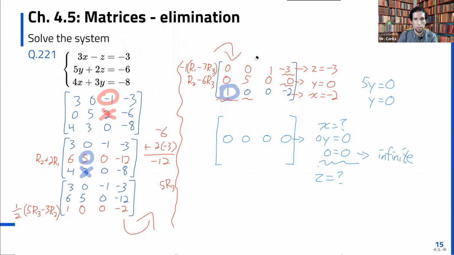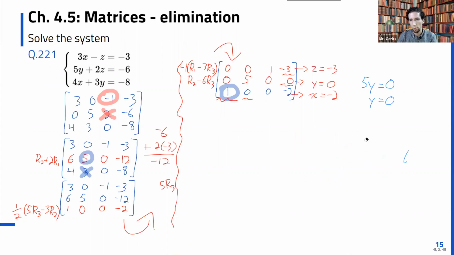So here, our solution is -2, 0, 3. If we want to, we could rewrite our matrix in the more standard looking way. 1, 0, 0, -2, 0, 5, 0, 1, 0, 0, and 0, 0, 1, -3, like this.